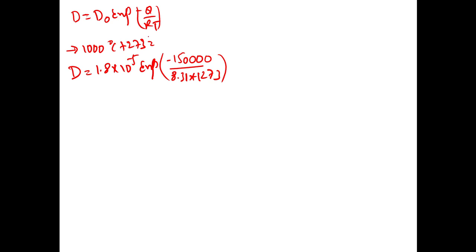Need to convert into Kelvin, 1273 Kelvin. So this is the D value. Okay. So please do the calculation.